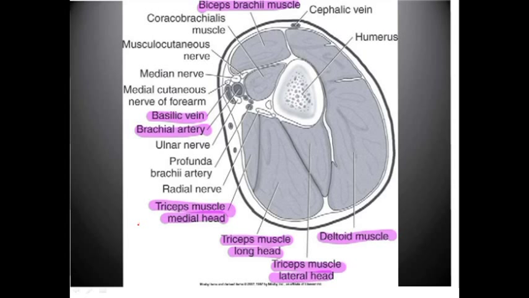Venturing down the arm, we see that we have the biceps brachii muscle, the deltoid muscle, so we're just a little removed from the actual shoulder. And then we have the triceps muscle, comprising the majority of the posterior portion of the arm.